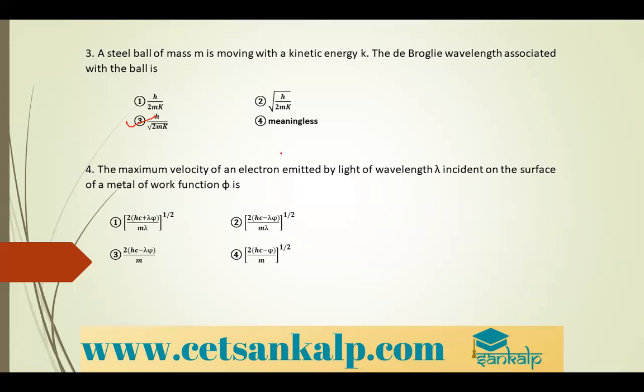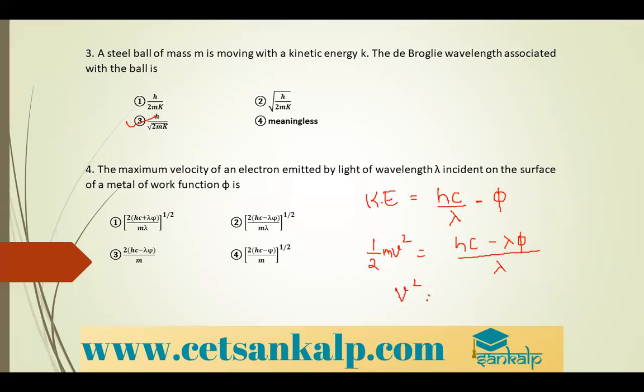So you have the formula KE is equal to hc by lambda minus phi. So hc minus lambda phi divided by lambda is half m v square.